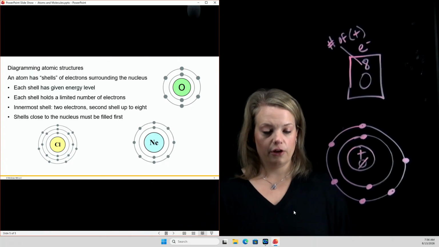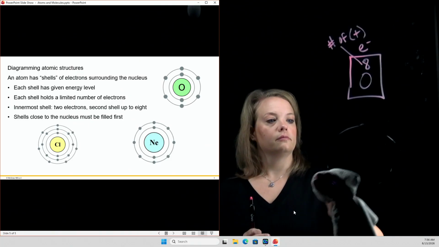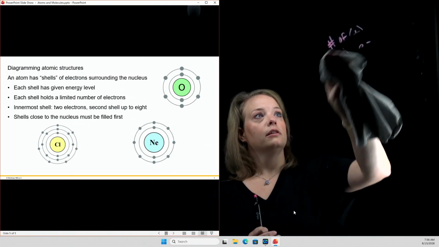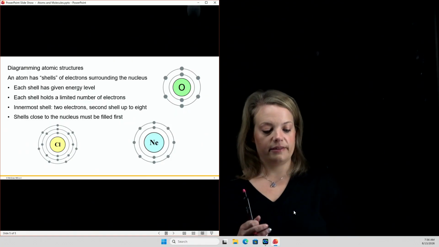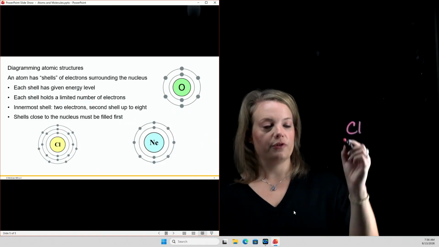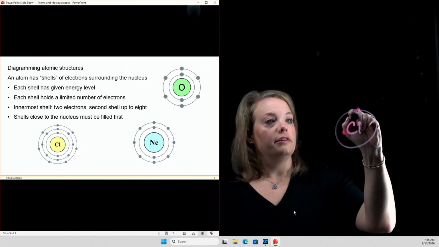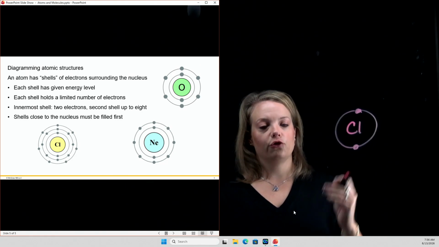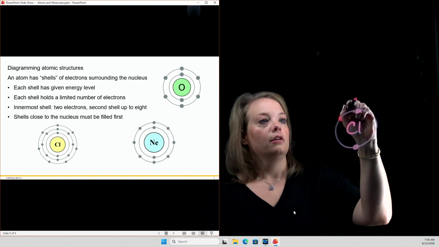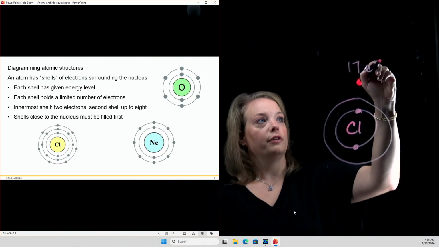We can do another example. Earlier we talked about chlorine having 17 electrons. So this is going to represent my nucleus. In that first shell, it's going to have 2 electrons. That first shell can only contain 2 electrons. So then we've got 15 electrons to work with.